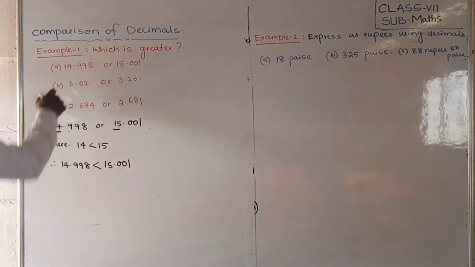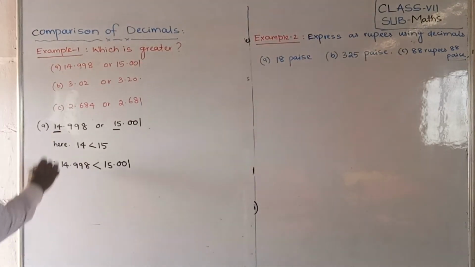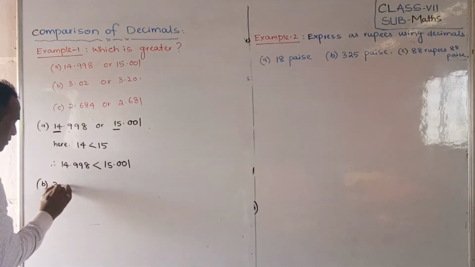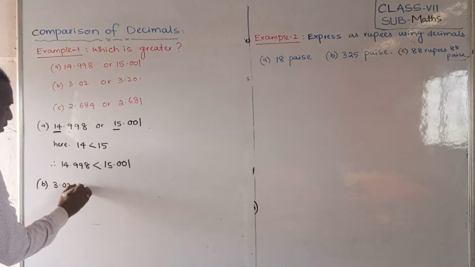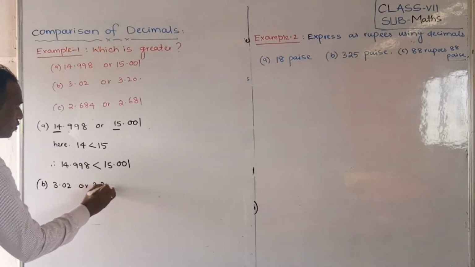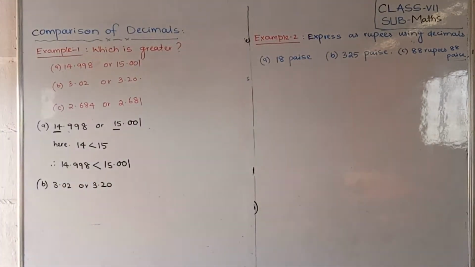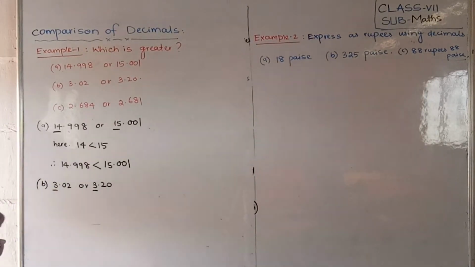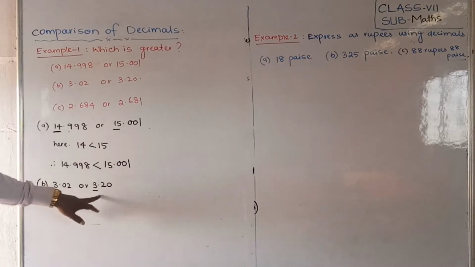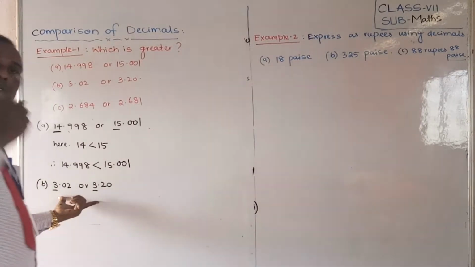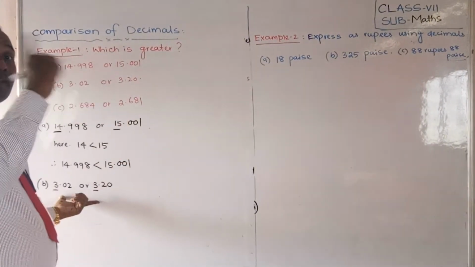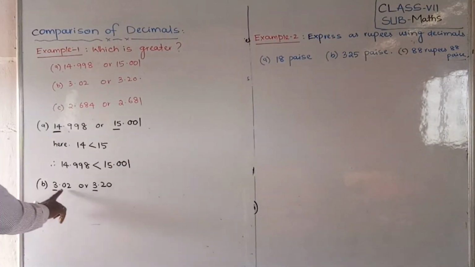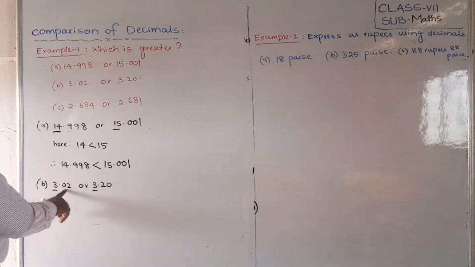Second, B: 3.02 or 3.20. Now look here, students, both whole parts are the same. Here this is the whole part, this is the whole part, both are the same. If the whole parts are the same, then we go to the second step, the 10th place. The 10th place is this one. Here 0 is there, here 2 is there.